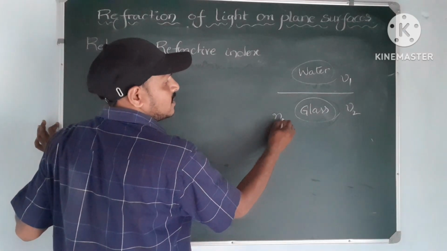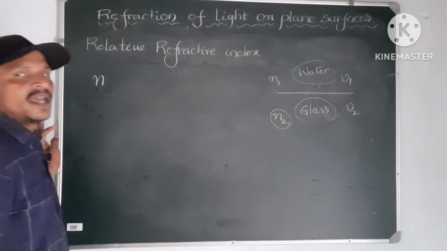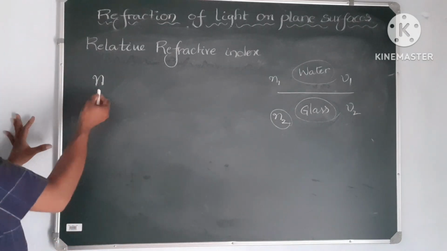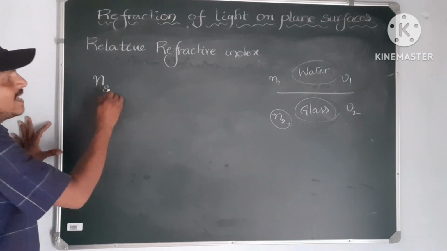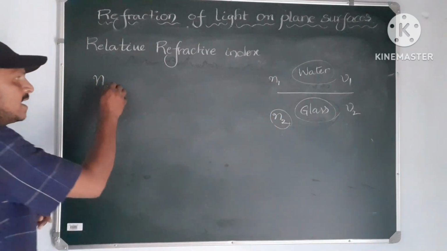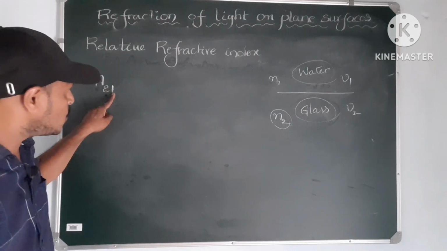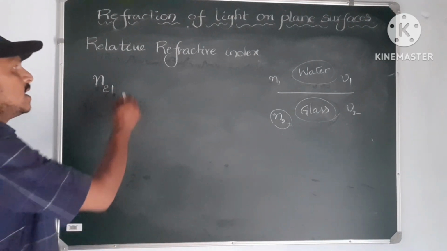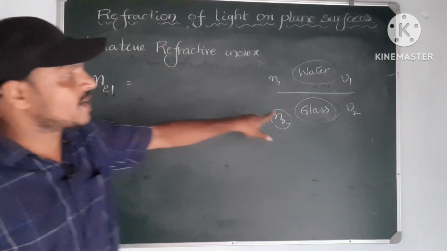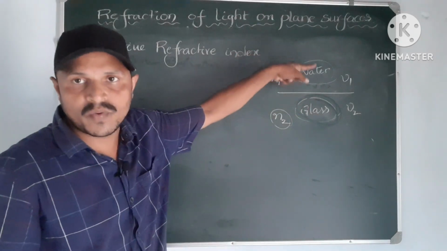The absolute refractive index of the glass is n2 and the absolute refractive index of the water is n1. Here we can write the relative refractive index of the second medium with respect to the first medium. I want the refractive index of glass with respect to water.